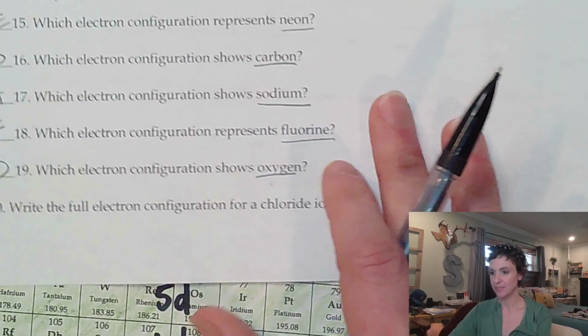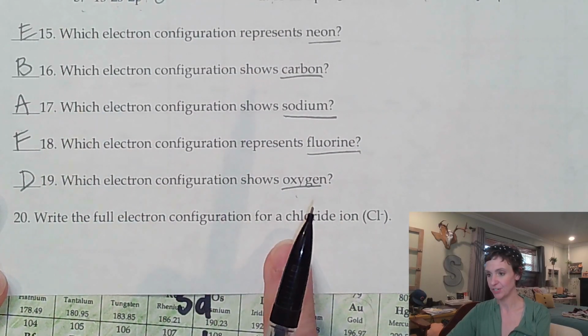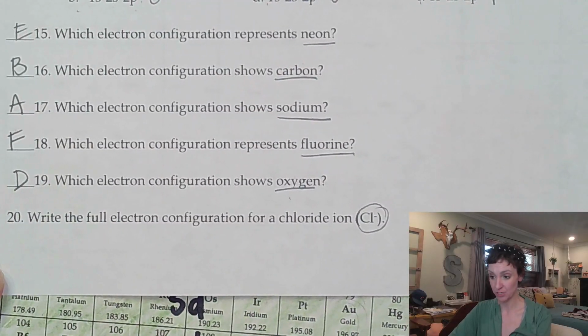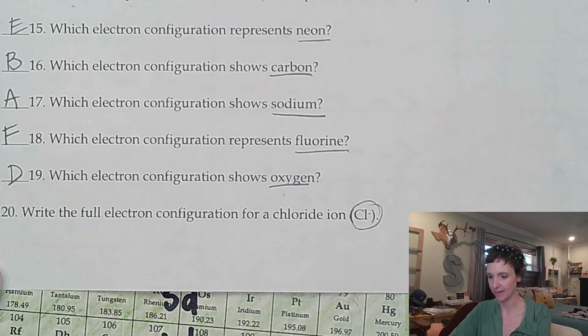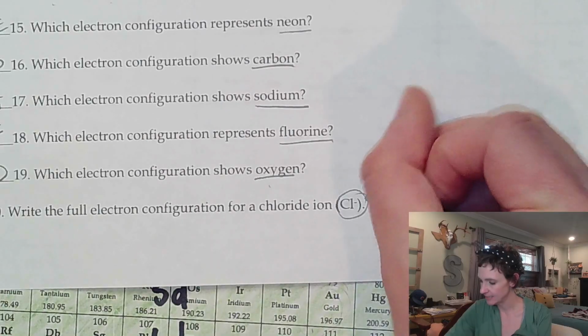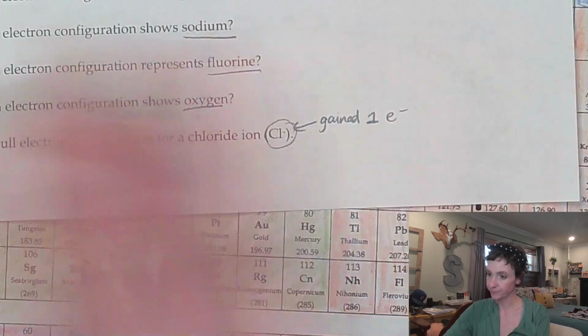So the next one I want to do is review some of these sneaky ions. It says write the full electron configuration for a chloride ion. So Cl with a minus 1 charge, that's an anion. An anion gains electrons. It has gained 1 electron.